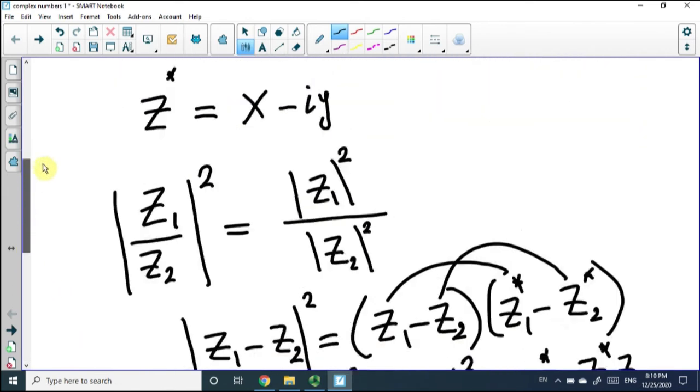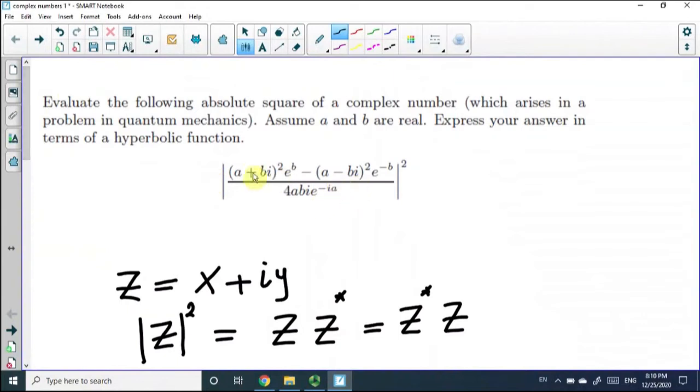So now for the mixing, I'm going to get a minus sign, this number times the complex conjugate of the second number. Now the complex conjugate of this term will be e to the plus b i, which is the same as the first number.